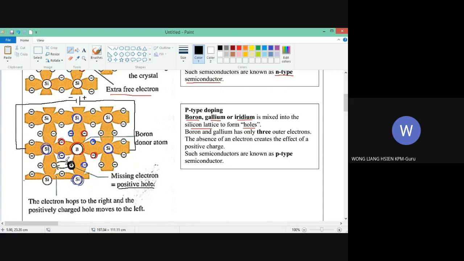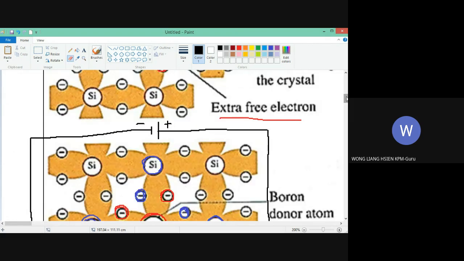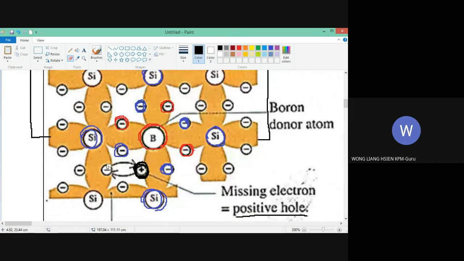When the electron jumps here, what will happen? The electron will be here, and this one becomes the positive hole. You see or not? Because when the electron jumps here, it becomes a missing electron, a shortage of electron. Then this electron can jump here, and this one becomes the electron and this one becomes the hole. So the hole moves, and then continues.